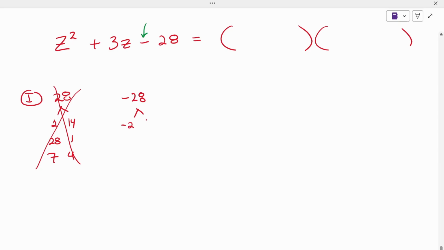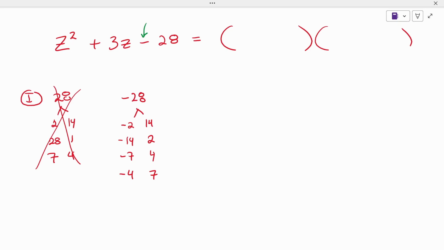But a negative 2 and a positive 14 will produce negative 28. Negative 14 and a positive 2 will produce negative 28 as well. And then a negative 7 and a 4 produces a negative 28. But a negative 4 and a positive 7 will also produce a negative 28.